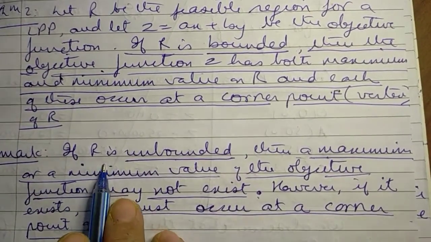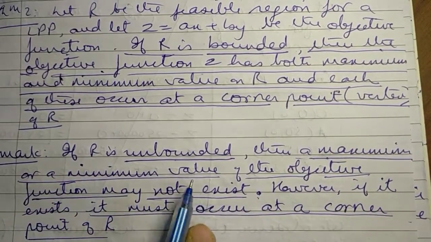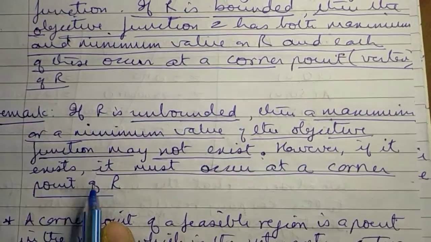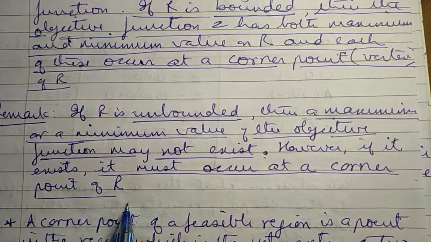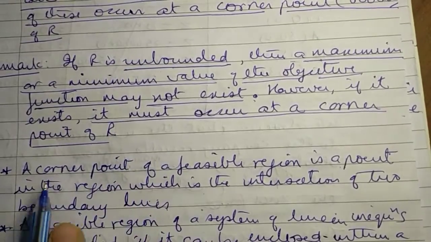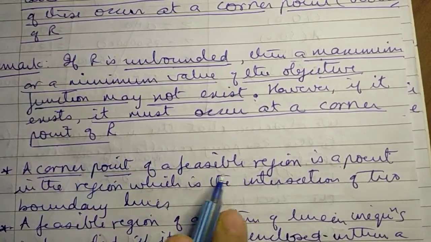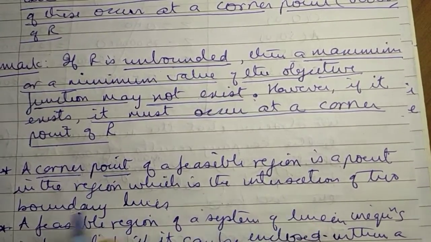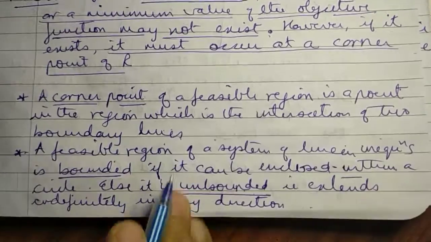Now, if R is unbounded, then a maximum or a minimum of the objective function may not exist. However, if it exists, it may occur at a corner point of R. Here, a corner point of the feasible region is a point of the region which is the intersection of two boundary lines or two constraints.